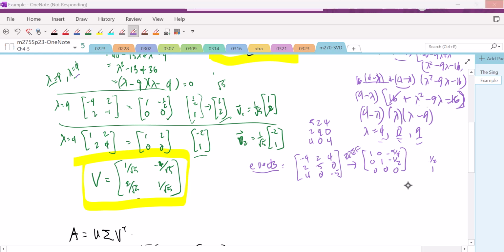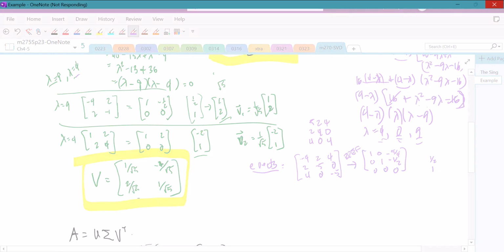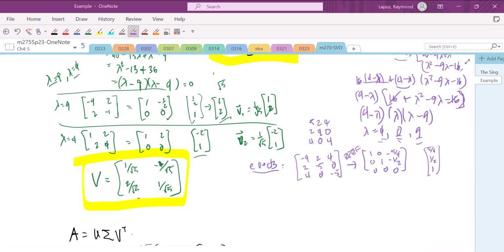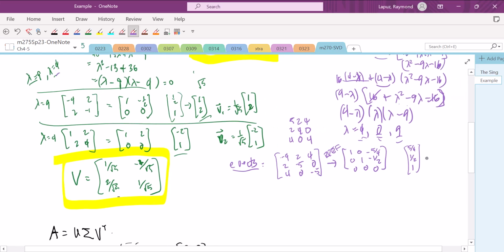Let me scale that so that I can easily divide it by its magnitude. So to scale it, I have a 4 and a 2, so I'm going to multiply everything by 4. And when I do that, I will get 5. 4 times 1/2 is going to be 2, and then this is 4.